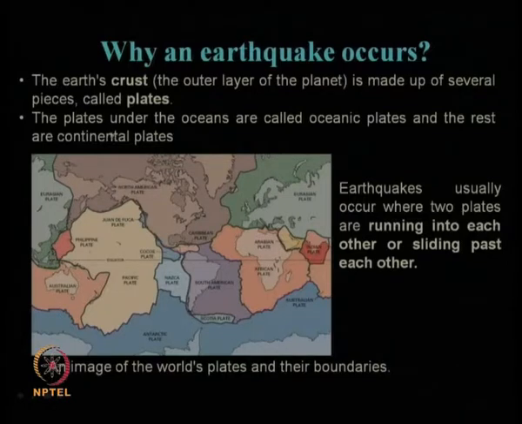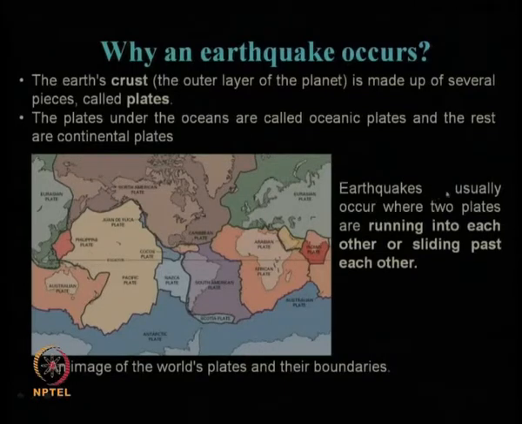The plates under the oceans are called oceanic plates, whereas the rest of the plates, which are below the continents, are called continental plates. So, if you divide tectonic plates into two major categories, one is oceanic plate, another is continental plate. You can see several plate names here.